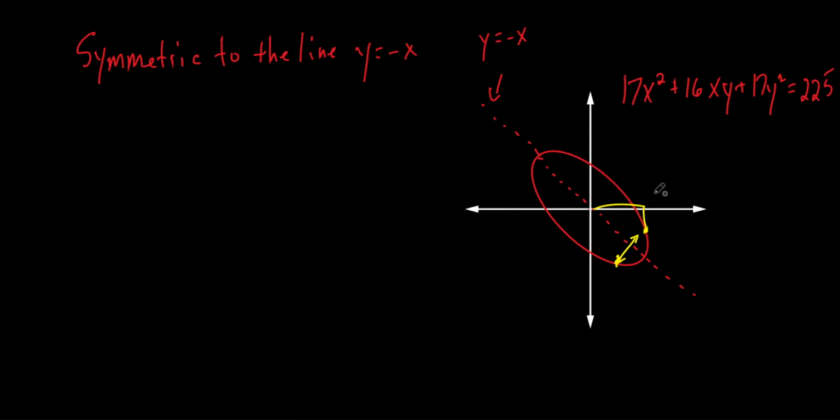So what I did is I picked a point, and let's say that that's 4, -1 right there. What is this point? I went over 4 and I went down 1. This point right here, where do you think I'm going? Over 1, down 4, correct?